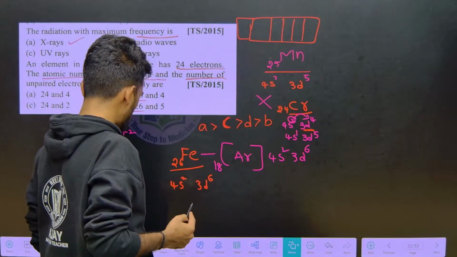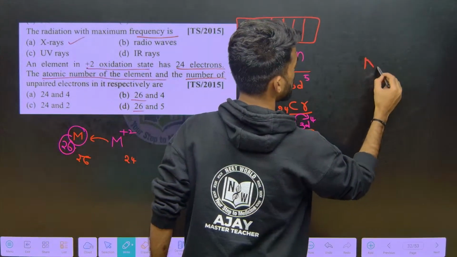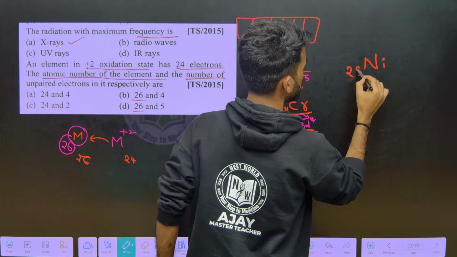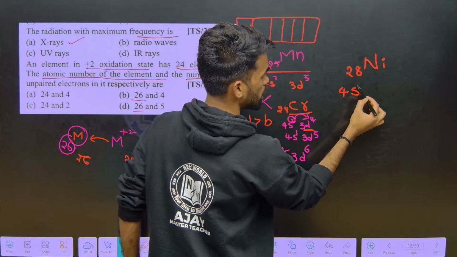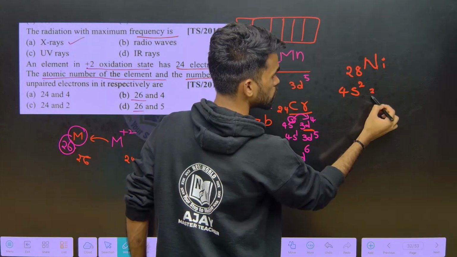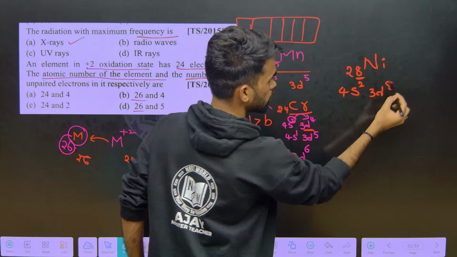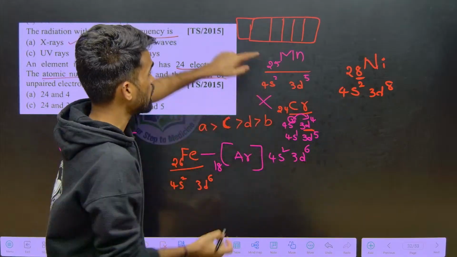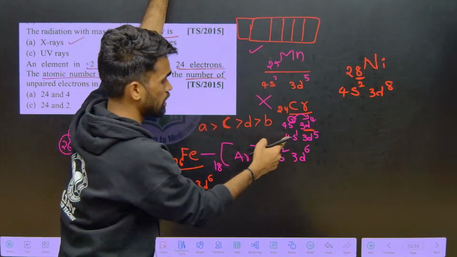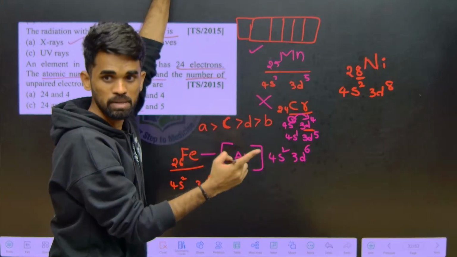Now tell me for nickel, atomic number is 28. Just tell me 4s2, whatever the number there, you just write it. Okay, so now I think half filled is possible at d5, full filled possible at d10.